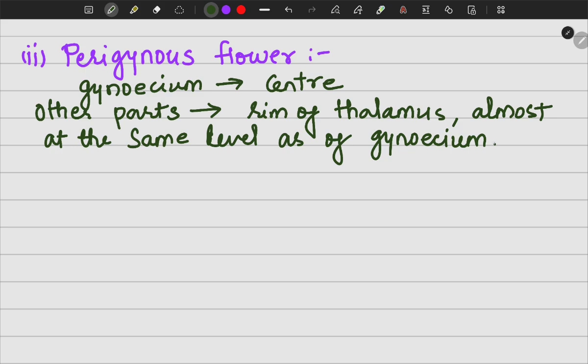So here the gynoecium is not at the top but at the center of the thalamus, and the other parts are born at the rim of the thalamus and they are almost at the same level to that of the gynoecium. Such kind of flower is called a perigynous flower, and the ovary in such flower is called half inferior ovary.